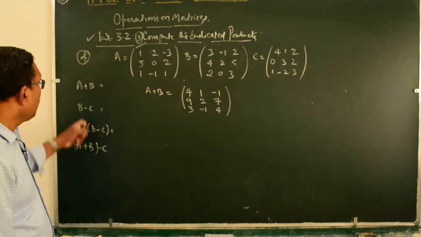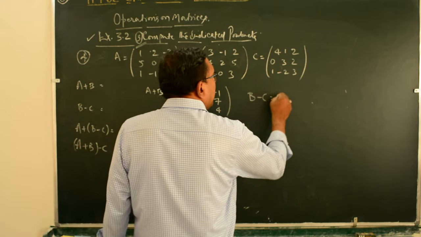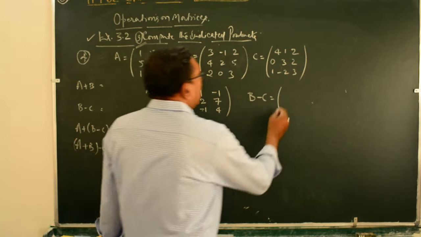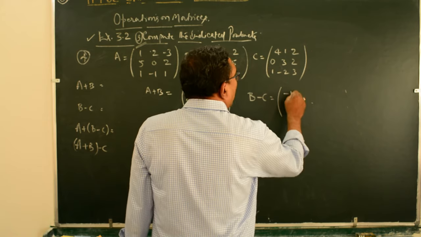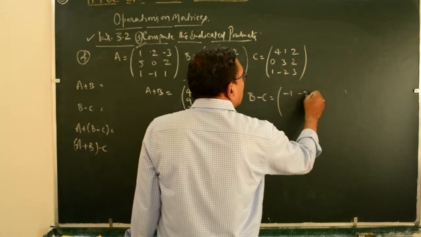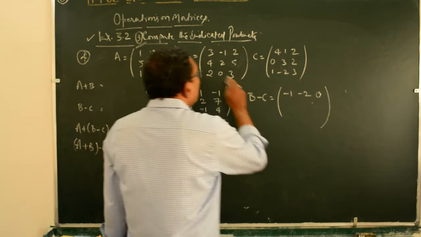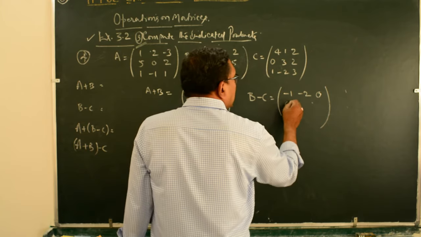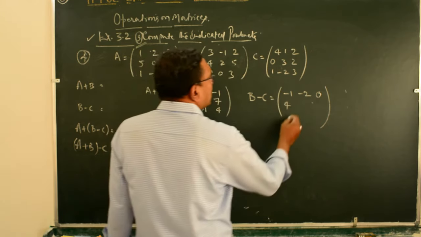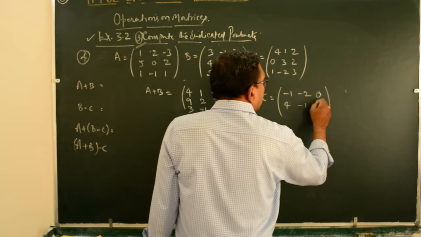What do we require? B minus C. Let us check. Subtract B and C. 3 minus of 4 is minus 1, minus 1 minus of minus 1 is 2, minus 2, 2 minus 2 is 0, 4 minus 0 is, sorry, 4. 2 minus of 3 is minus 1. 5 minus of 2 is 3.